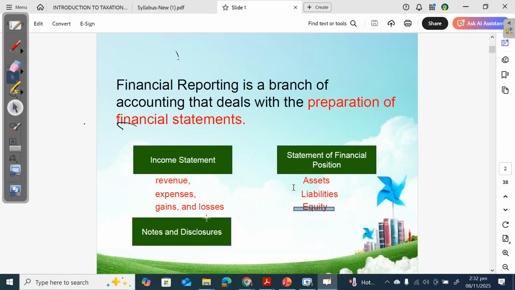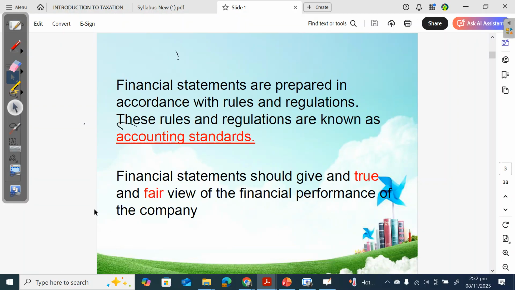The notes add more explanation to whatever is in the income statement and the financial position. If you want to understand some of the things in the report, they will be found in the notes. So you can read the notes for further understanding.